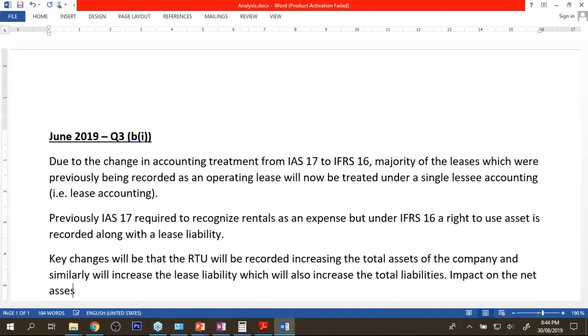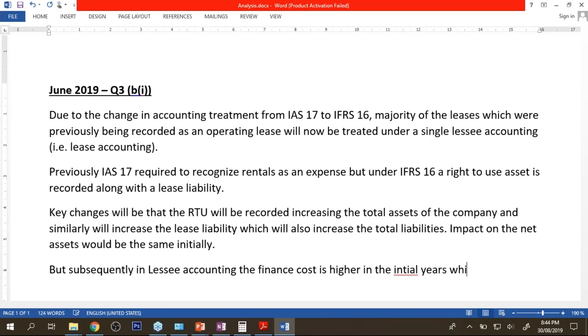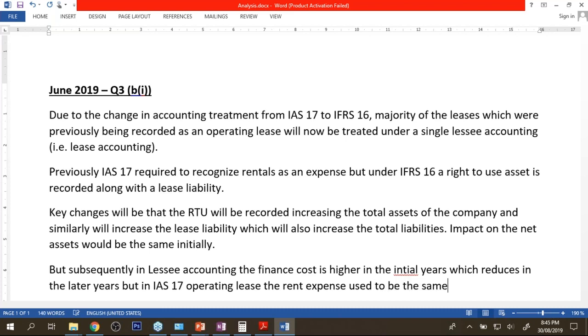Impact on the net assets would be the same initially, but subsequently in lessee accounting, the finance cost is higher in the initial years, which reduces in the later years. But in IAS 17, operating lease, the rent expense used to be the same.